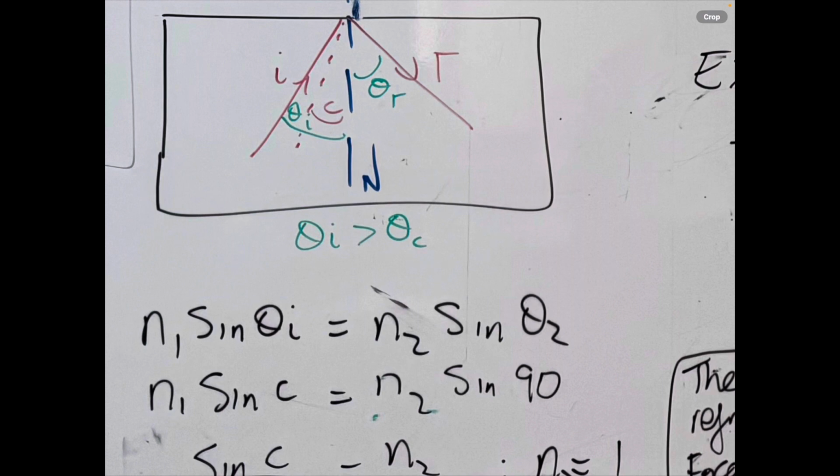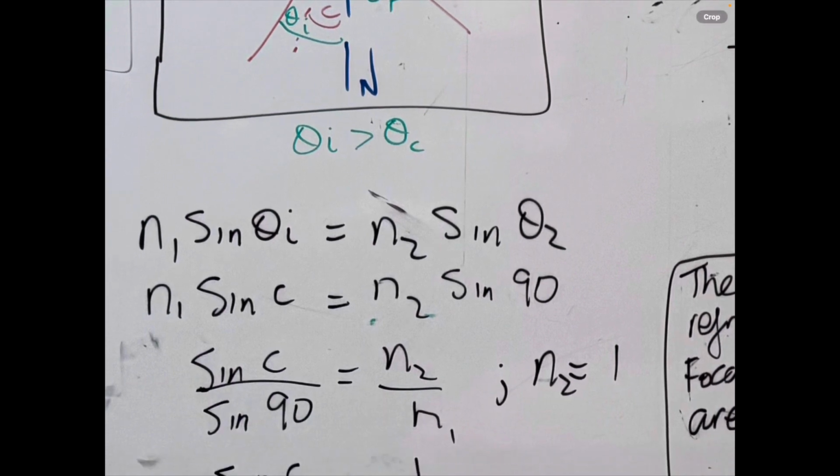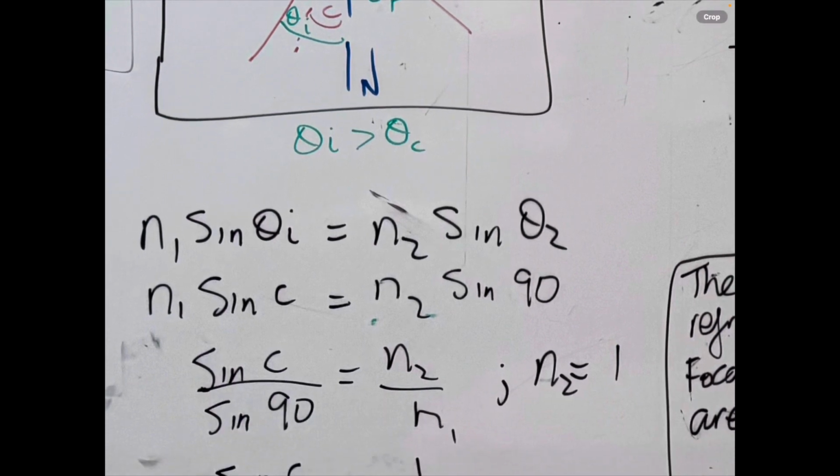In this case, we put the critical angle as theta I, and we put 90 as theta 2 or theta R. If we rearrange the terms, we will get N2 over N1 is equal to sine C divided by sine 90.